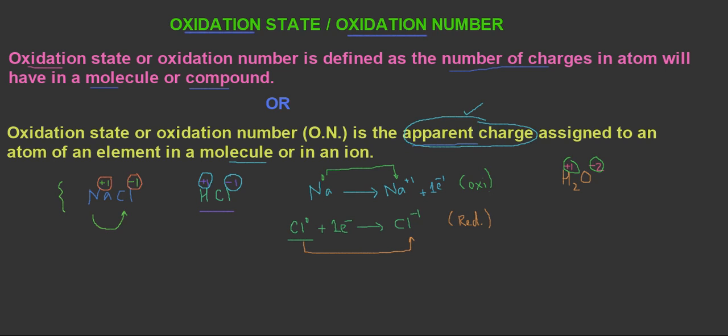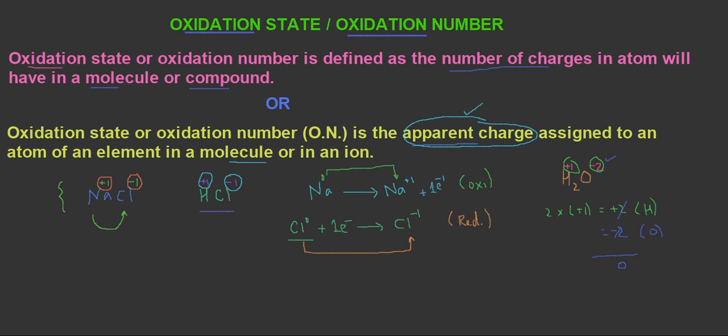How? If you multiply 2 with +1, you will get +2 charge for hydrogen. And for the oxygen atom, you have -2 charge. So +2 and -2, you will get 0.